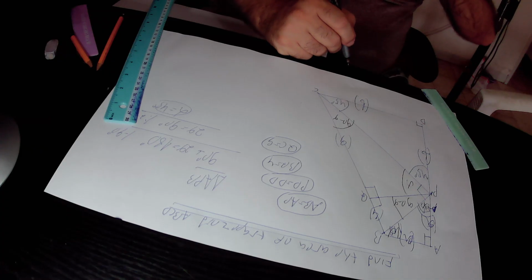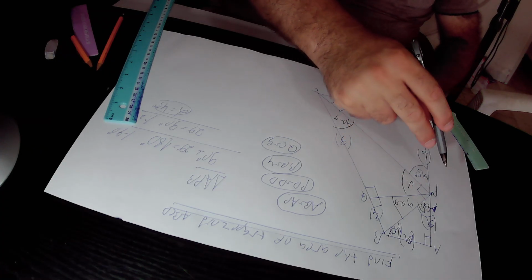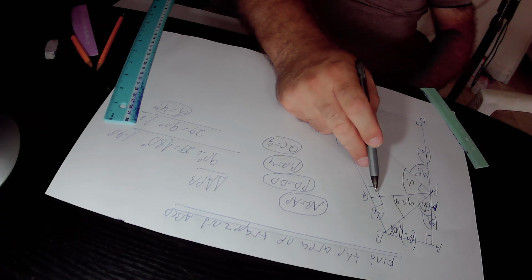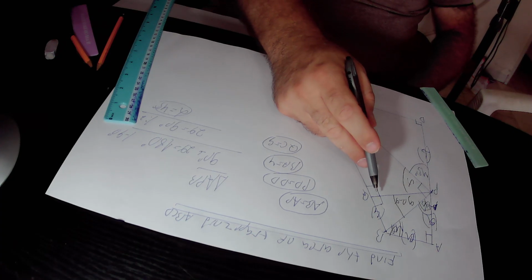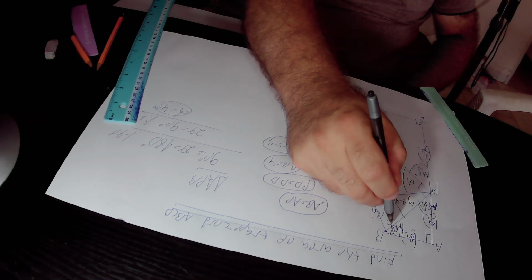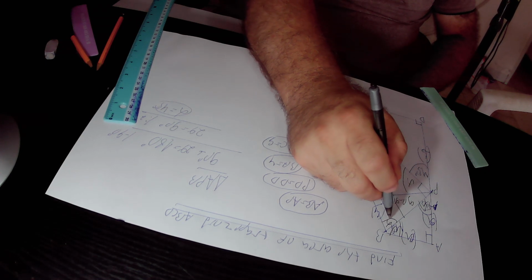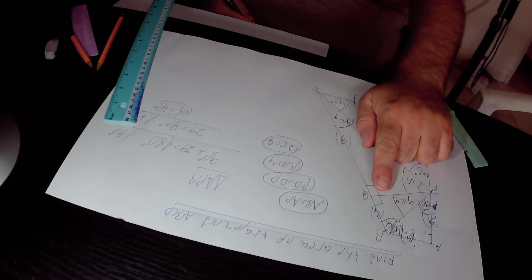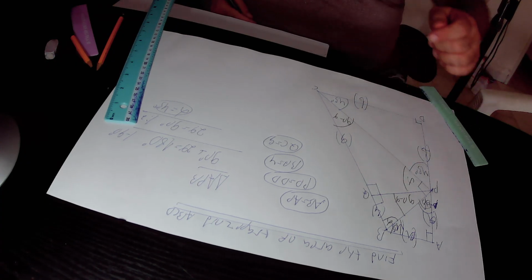Okay, so in the small right triangle BPQ, this angle equals 90 degrees minus alpha, this angle equals 90 degrees, and therefore this third missing angle must be equal to alpha. Why? Because alpha plus 90 degrees minus alpha is 90 degrees, and 90 degrees plus 90 degrees is equal to 180 degrees, that is the sum of the angles in a triangle.